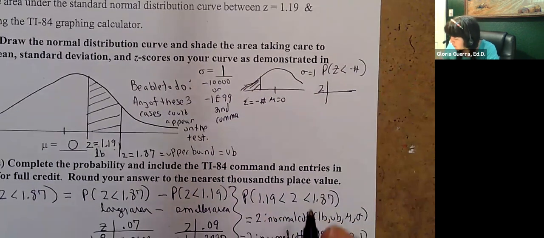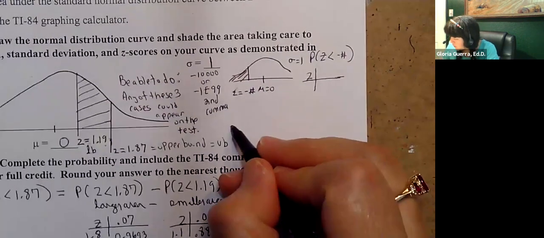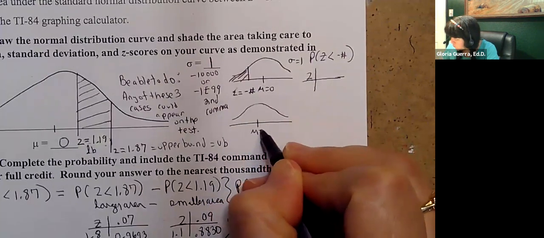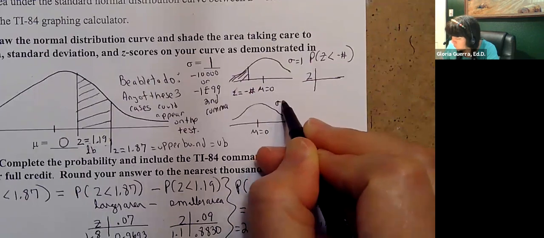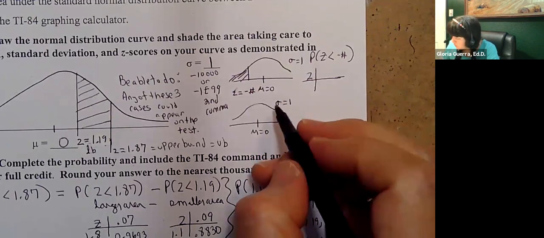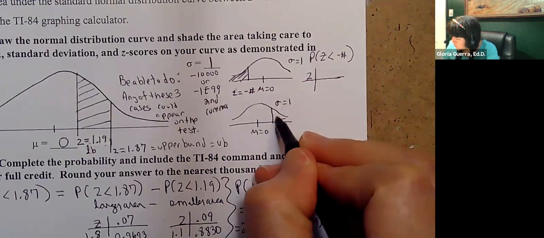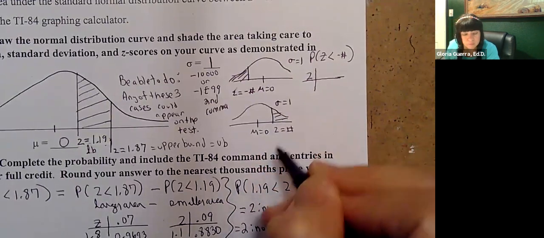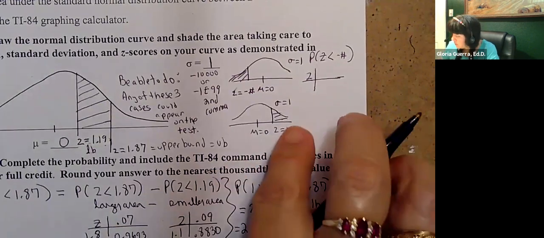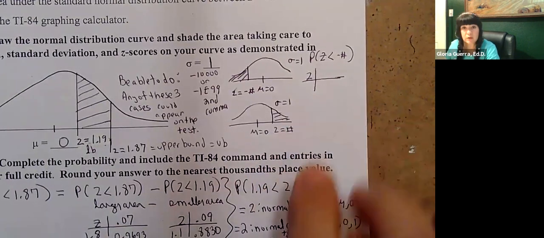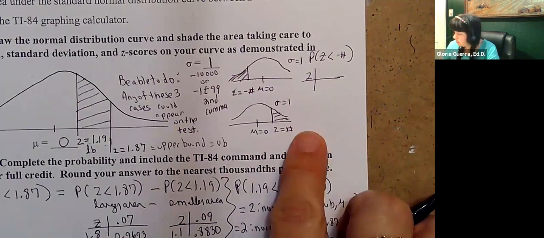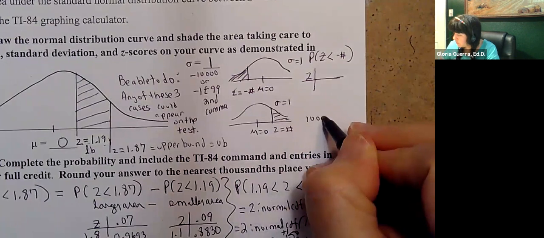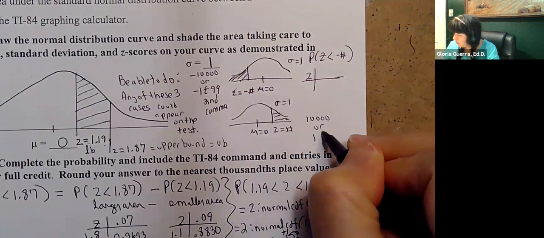And then the other case is where you have something like this on this side. So z is a positive number. And on this side, when you use the calculator, lower bound, upper bound, here you have 10,000, or you have 1 e to the 99.